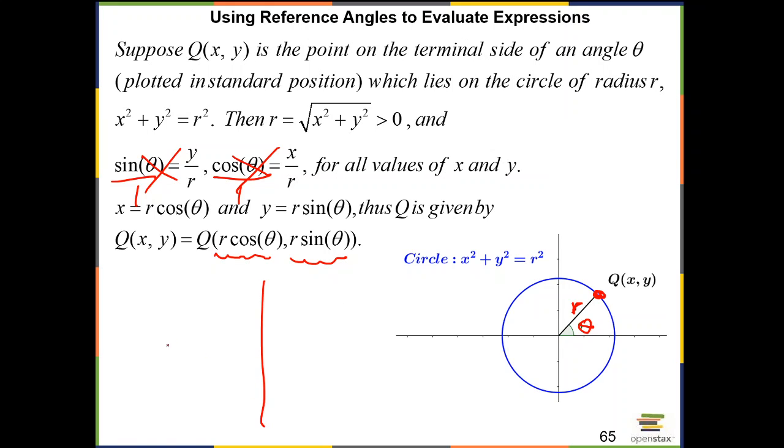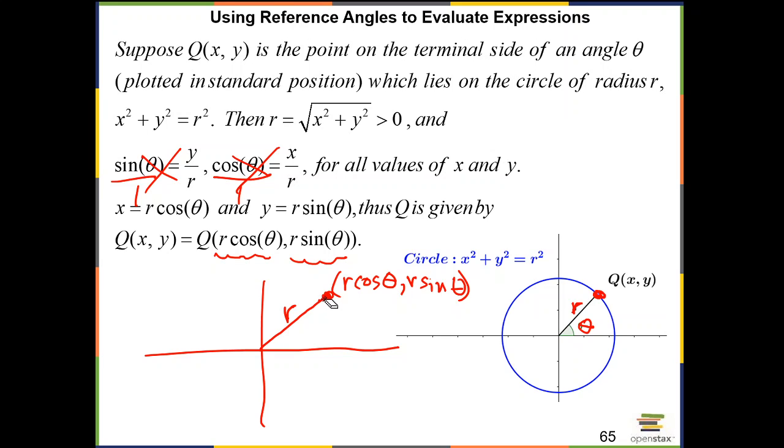So if you're in the coordinate plane and you just have a point here, if you know the distance from here to here, whatever that is, you can write the coordinates of this point as r cosine theta and r sine theta, right?